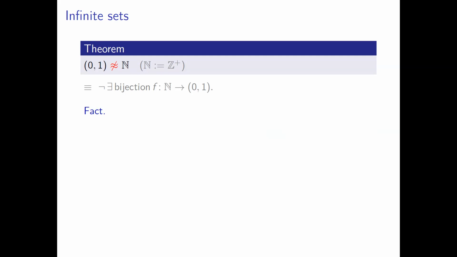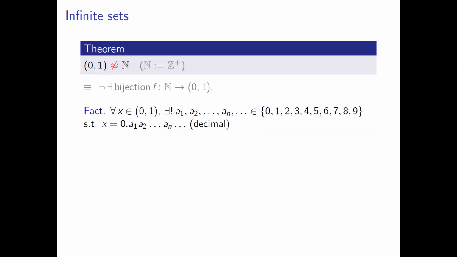We will use the following fact about real numbers. For any real number x between 0 and 1, there exist unique digits a1, a2, and so on from 0 to 9, such that x can be written as a decimal 0.a1, a2, and so on, with the property that there is no index n such that for all indices k starting from n, the digit a subscript k is equal to 9.